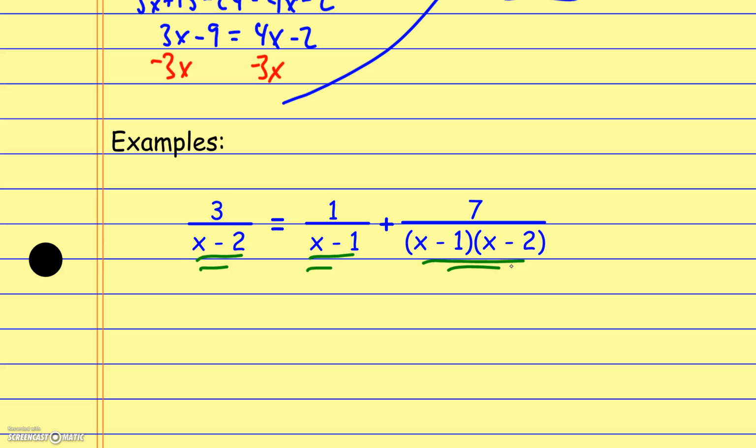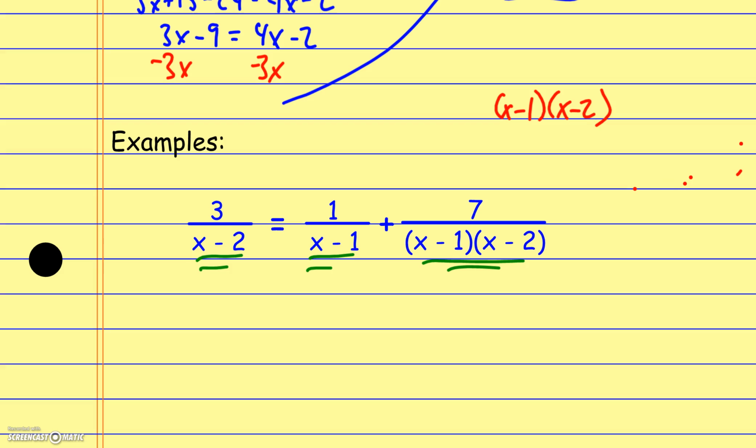Remember, when we get common denominators with these things, I basically just make sure that each denominator has all the same stuff. So if I started compiling all the different factors that each of these denominators has, each of them would need an x minus 1, and each of them would need an x minus 2.